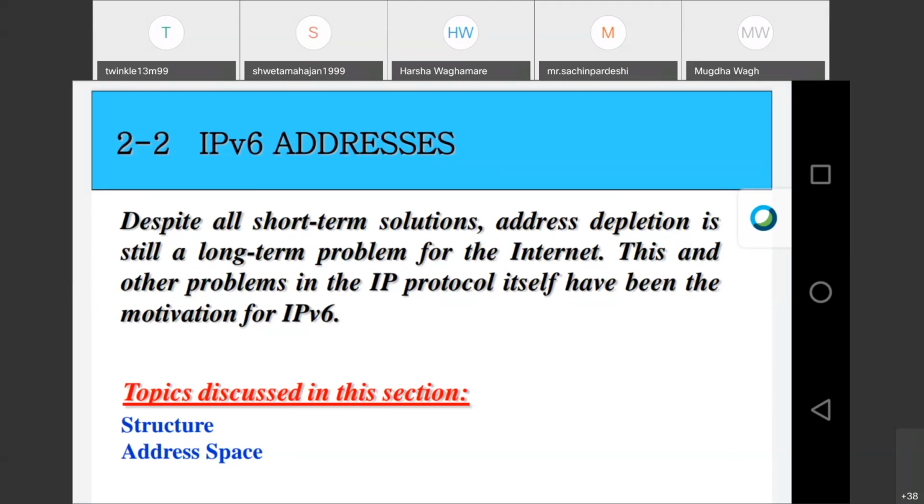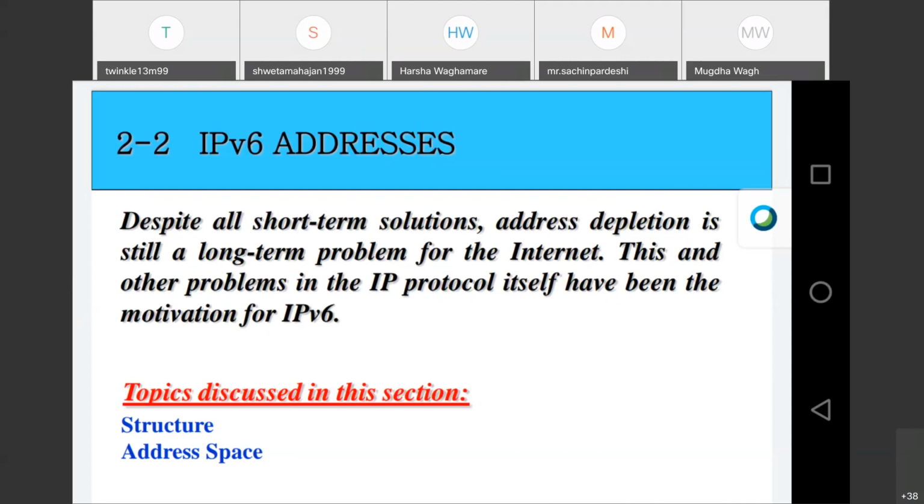Now imagine how many IP addresses are required, because day by day the number of users is increasing, and the number of IP addresses required is increasing as well. As we have seen in the last lecture, a unique address is required. If you want an internet connection, a universally unique address is required; then only will the packet be routed to your device.